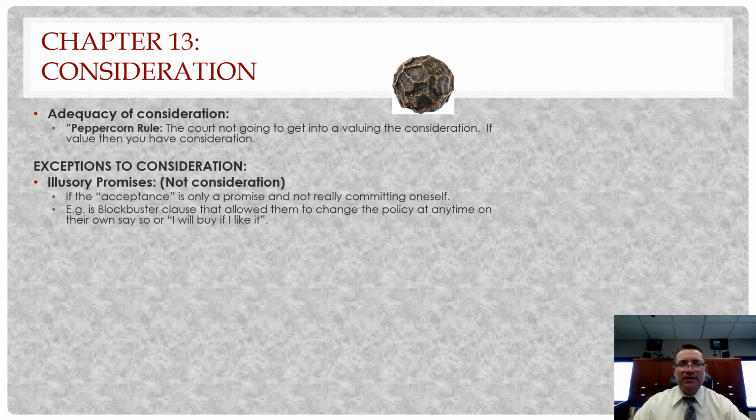They had a policy that basically said if you do this, then you have to buy it, kind of a thing. And it would fluctuate, but whenever you did your contract, you were always agreeing to it, every time you went in and rented a video. The court said, look, there really is not an agreement here. It's not a situation in which Blockbuster is really giving up any consideration, because it was really them saying we may do this, may not do it, kind of a thing. So it really wasn't considered consideration.